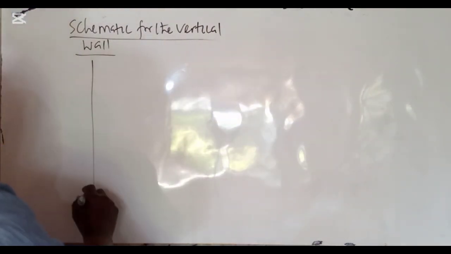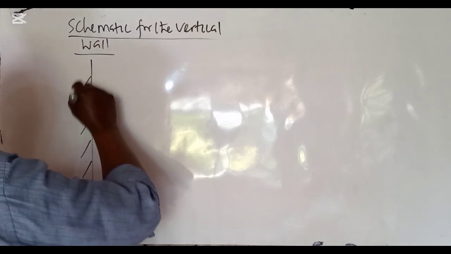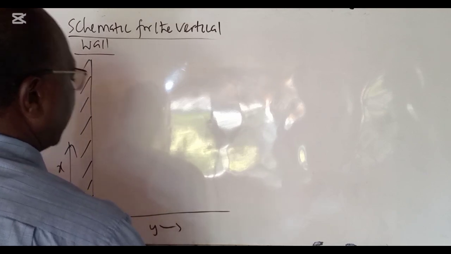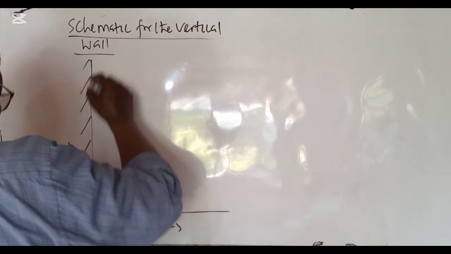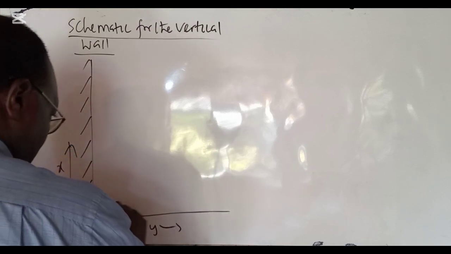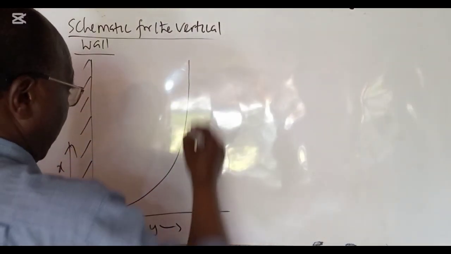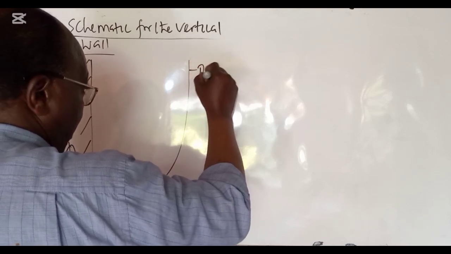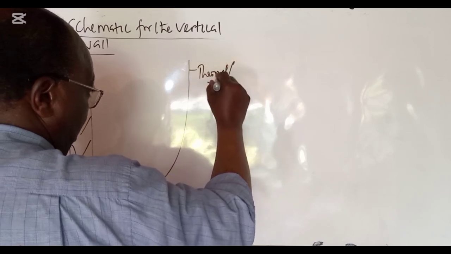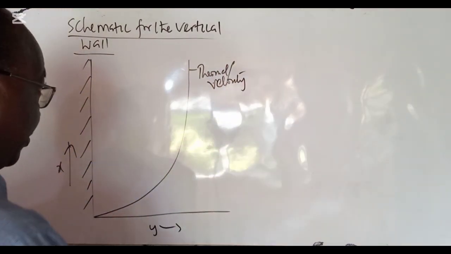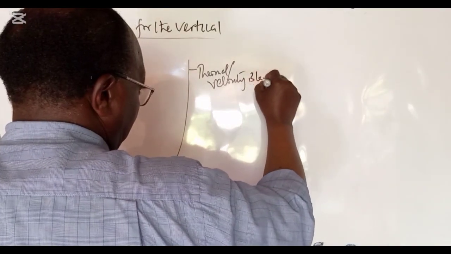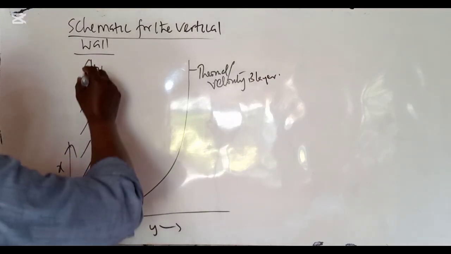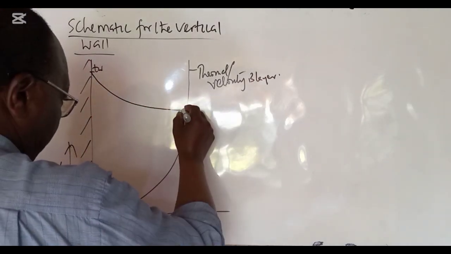We had our x-axis, we have our y-axis, we have our thermal boundary layers, and if the temperature of the wall was Tw, then of course it will continue decreasing.